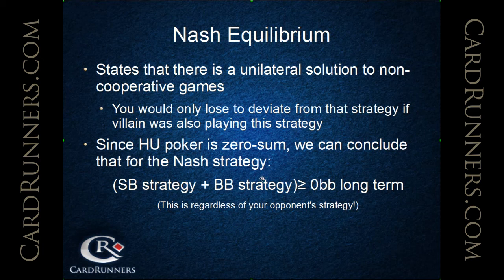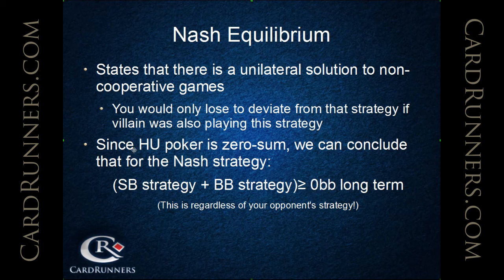So the main interesting property of the Nash Equilibrium strategy heads up in a poker game is that the small blind plus the big blind strategy is equal to or greater than 0 BBs per 100 in the long term. The Nash Equilibrium strategy can't lose. That's the main part if you're heads up.